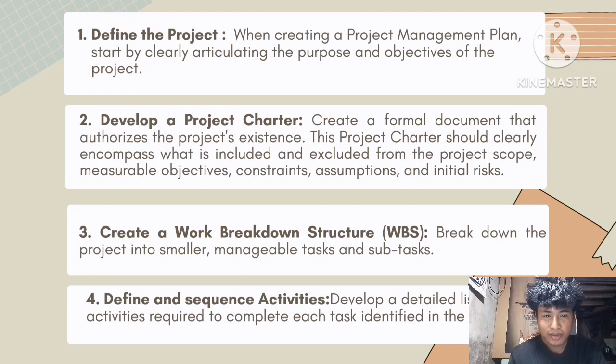Create a formal document that authorizes the project's existence. This project charter should clearly encompass what is included and excluded from the project scope, measurable objectives, constraints, assumptions, and initial risks.